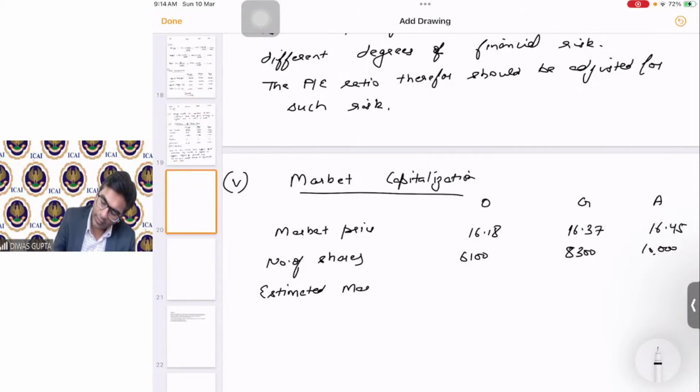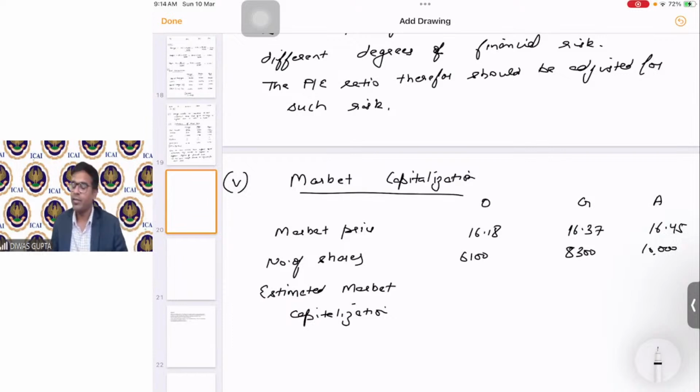Estimated market capitalization. Right, so 16.18 multiplied by 6100 gives 98,698.